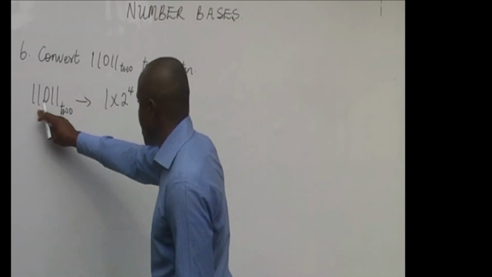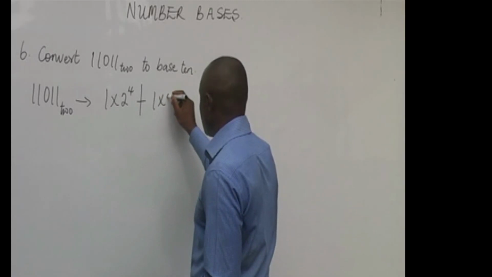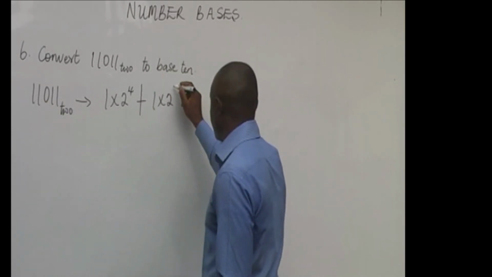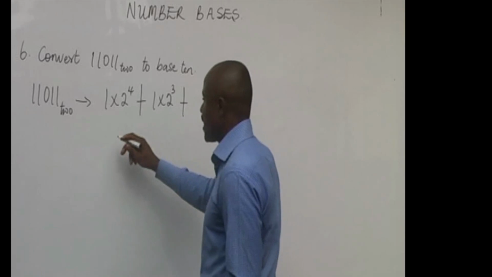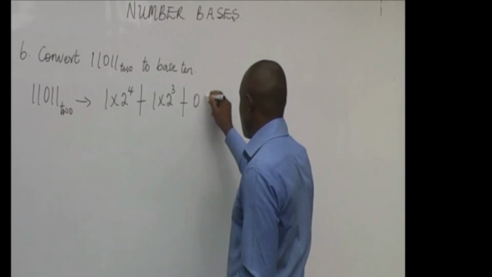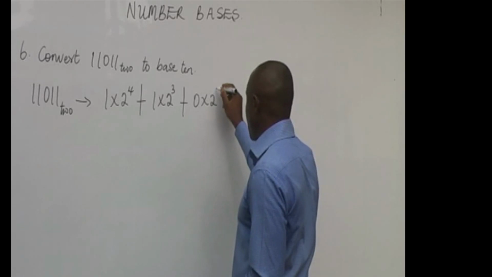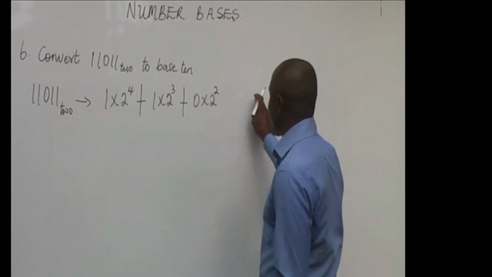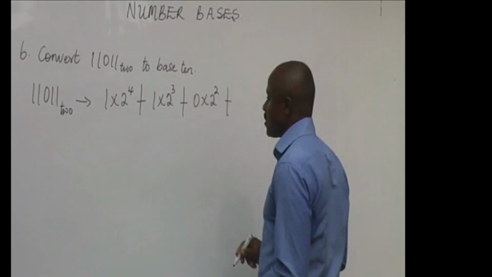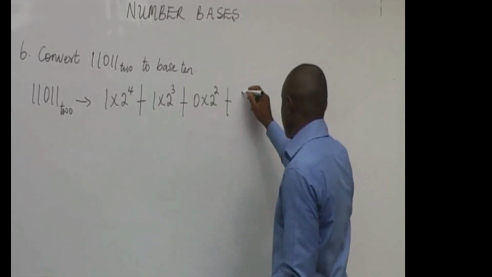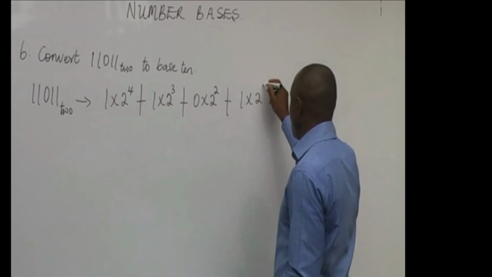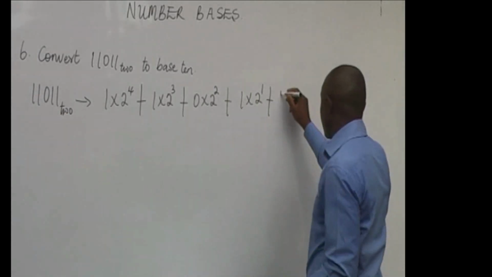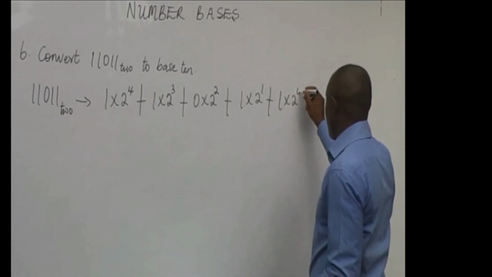Plus, take the next digit, 1, multiply it by the base 2, put it to the exponent of the remaining digits, 1, 2, 3. Plus, take the next digit, 0, multiply it by the base, which is 2, put it to the exponent of the next remaining digits. All this number will be decreasing until the last one that is going to be 0. Plus, take the next digit, which is 1, times the base 2, exponent 1, plus the last but not the least, 1, times the base 2, exponent 0.